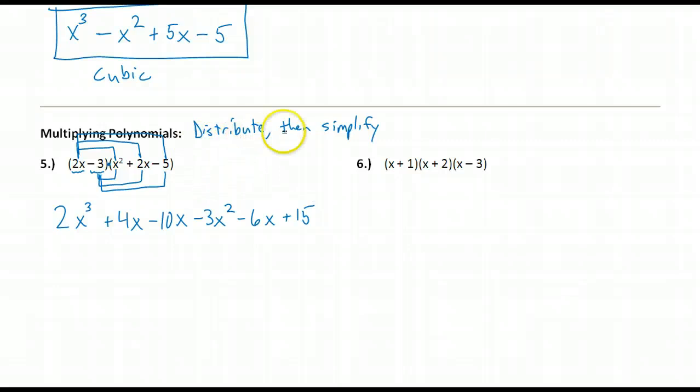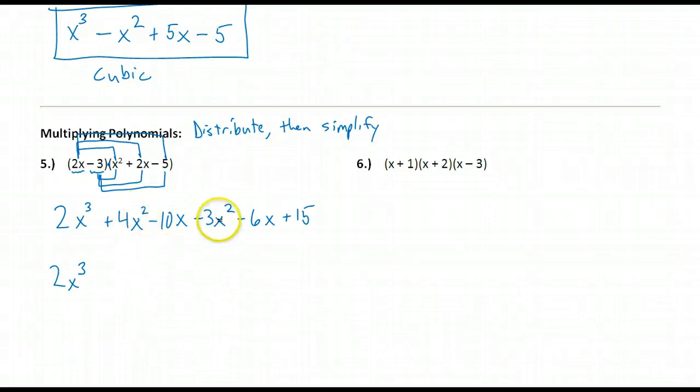So I've distributed. Now I need to simplify. I need to combine my like terms. Notice that after I've multiplied, my parentheses disappear. So I need to combine all my x cubes. Well, I have 2 x cubes. This 4x should actually be 2x times 2x, which should be 4x squared.